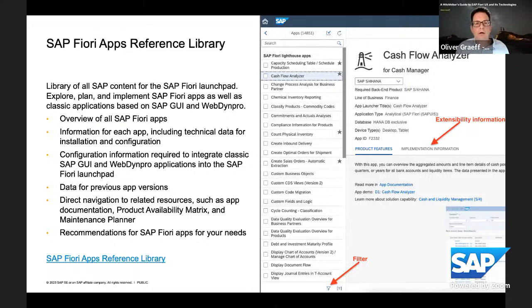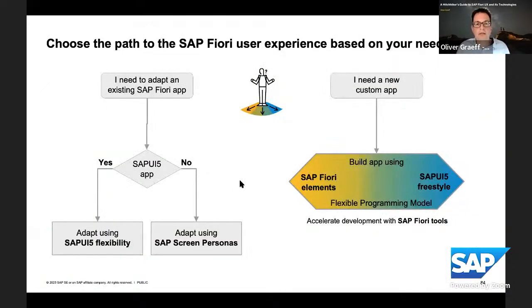You can learn about the backend data structures of this specific application, which data structures, which custom includes are in the ABAP data structures and so on. So this is very valuable information if you want to extend a standard application.